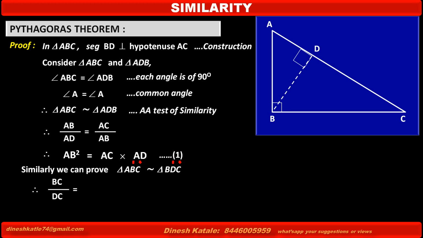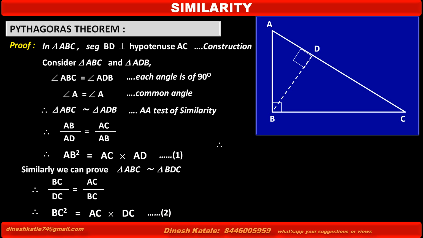BC upon DC, the ratio of corresponding sides of these two triangles, is equal to AC upon BC, the ratio of another pair of corresponding sides of the same triangles. Therefore, by cross multiplication we get BC into BC, that is BC square, is equal to AC into DC. Consider this statement as number 2.